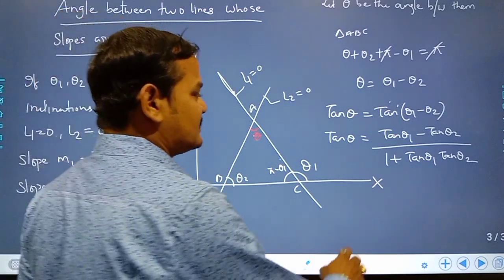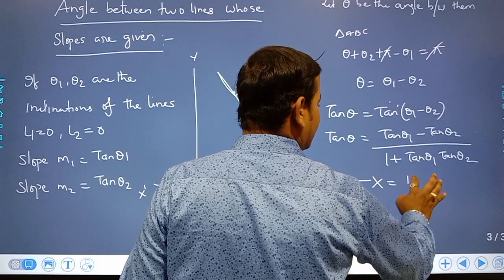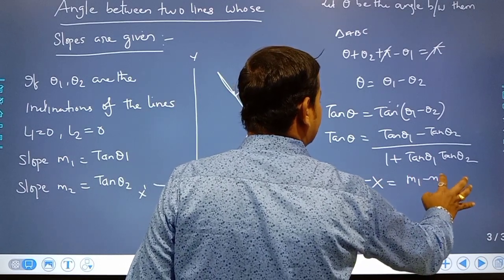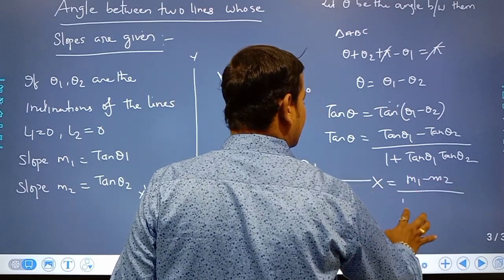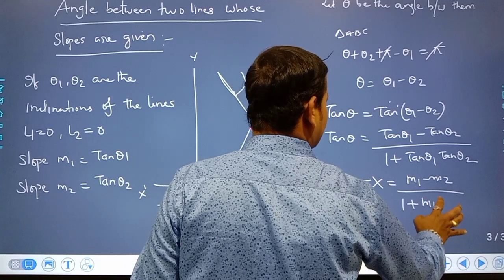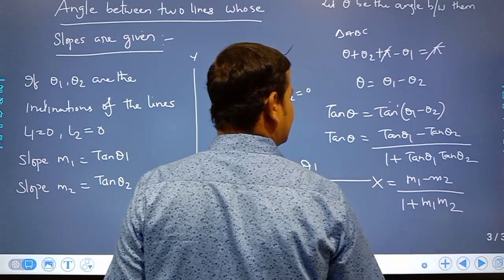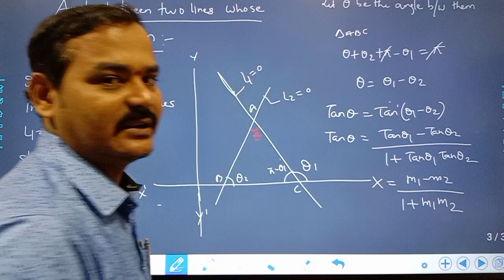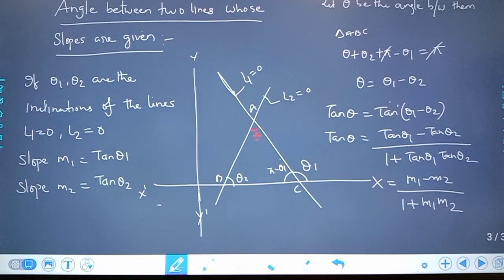So substituting, tan theta is equal to M1 minus M2 by 1 plus M1 into M2. This is the formula for the angle between two lines whose inclinations are given.